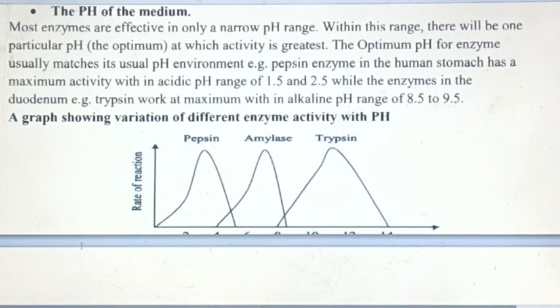The enzyme's nature will be disturbed, so it will not have favorable conditions to combine with the substrates, hence giving you products. So enzymes work best over a narrow range of pH, and any sudden change from the narrow range of the pH of such an enzyme will affect the rate of reaction by lowering it. That is the pH of the medium.